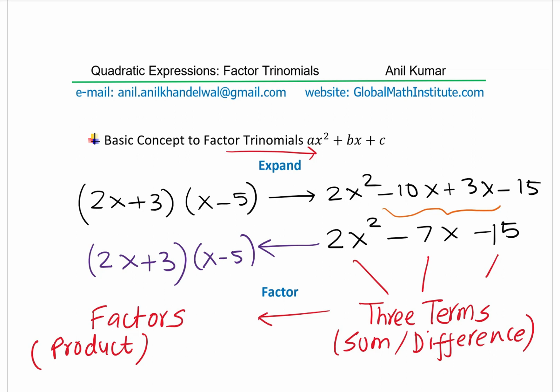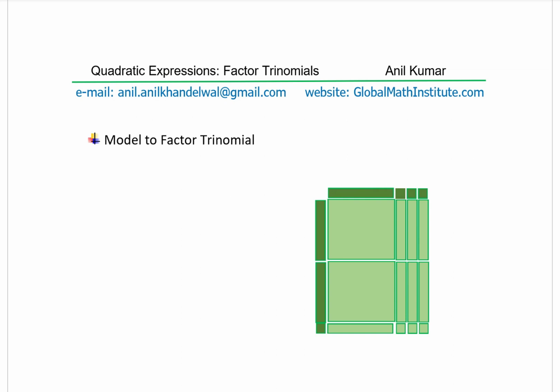Let's look into a model to visualize the situation. So we have algebra tiles here. One side of it could be written as x plus 3. The other side could be written as 2x, these are the 2x tiles, plus 1. Now when you multiply them, what do you get? Let me rewrite here.